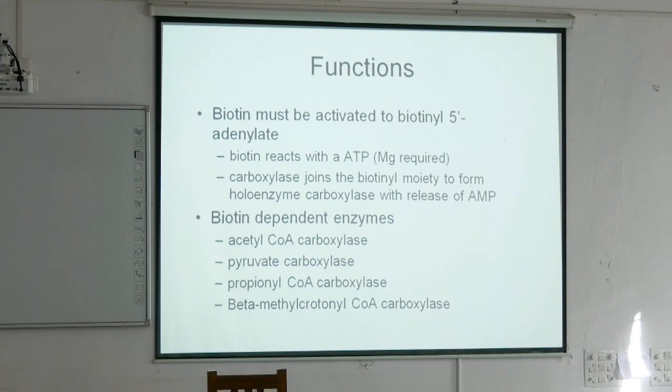Any carboxylation reaction, be it acetyl-CoA carboxylase, propionyl-CoA carboxylase, pyruvate carboxylase, anything, will require biotin along with ATP. ATP and biotin form a complex which is required for any sort of carboxylation.